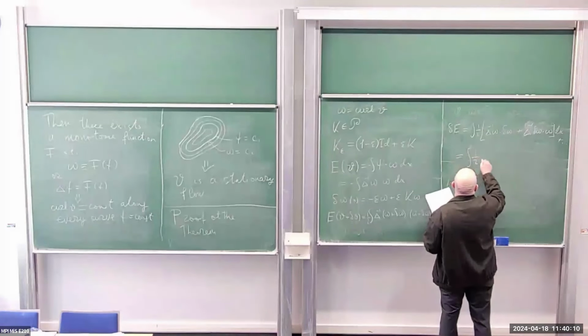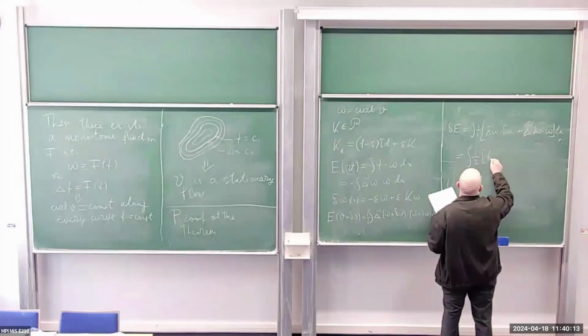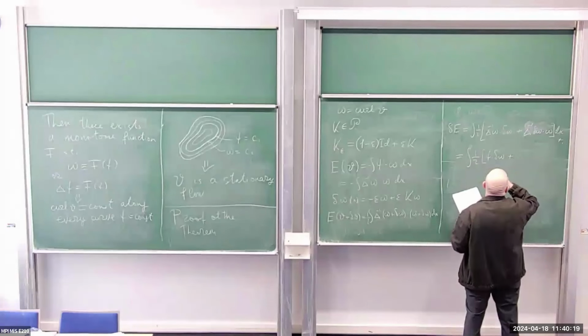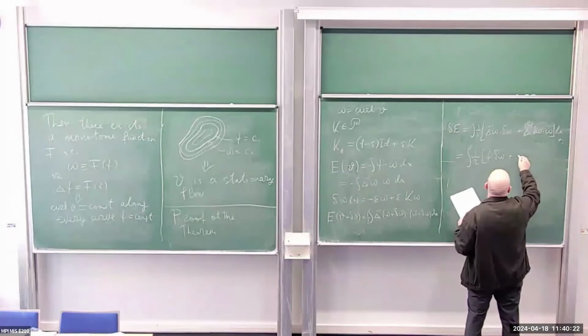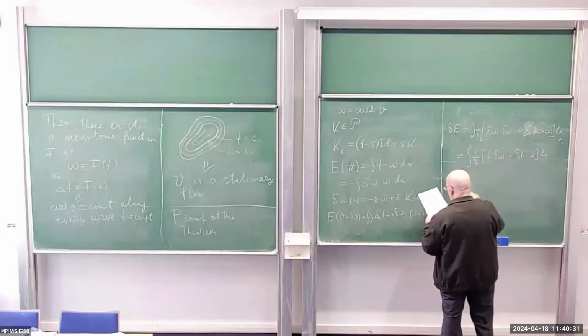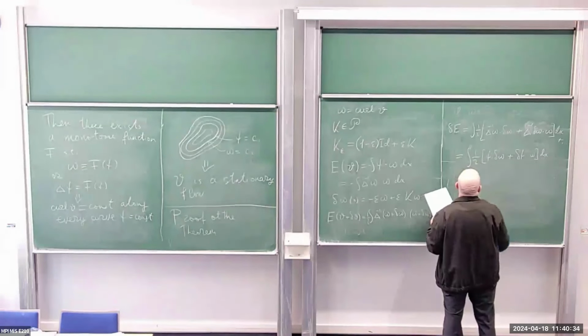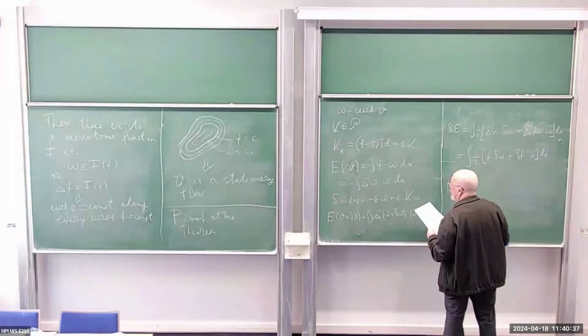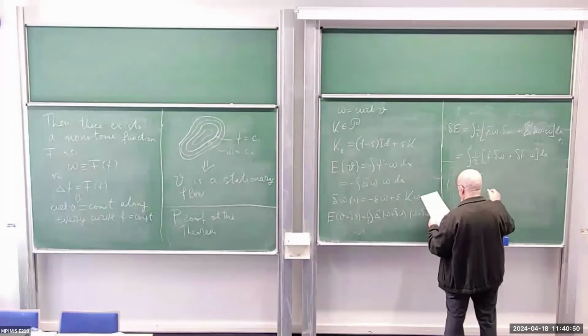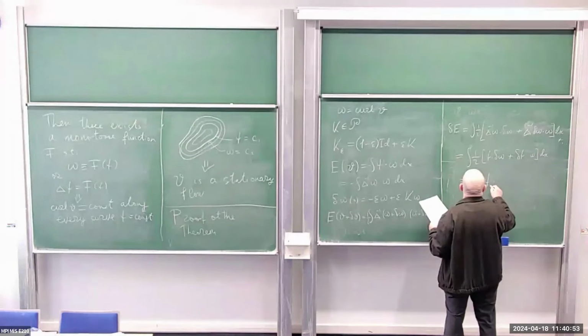Equals integral 1/2 psi times delta omega plus delta psi times omega dx equals minus integral, somewhere there is a minus.